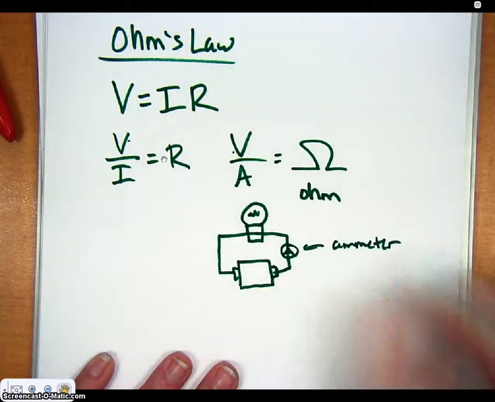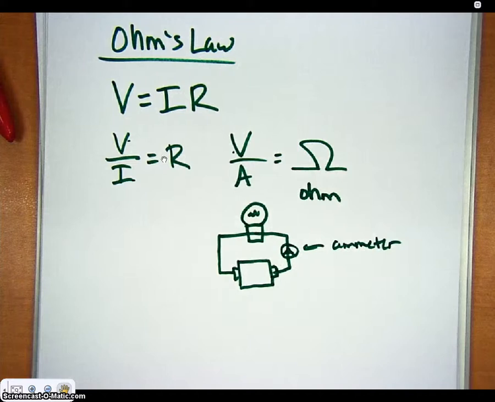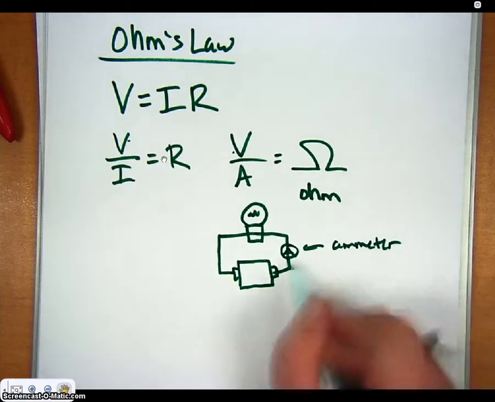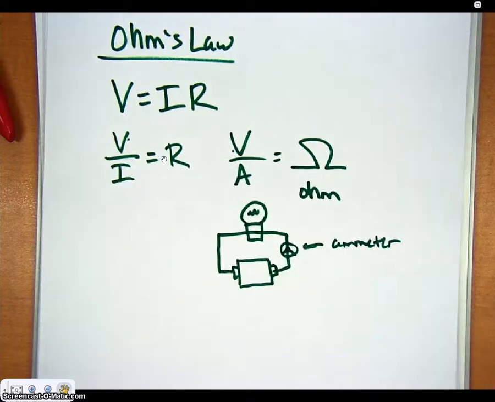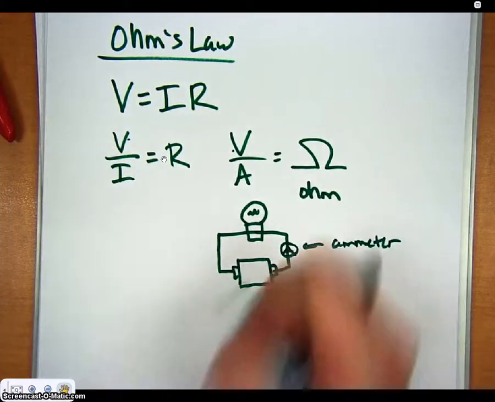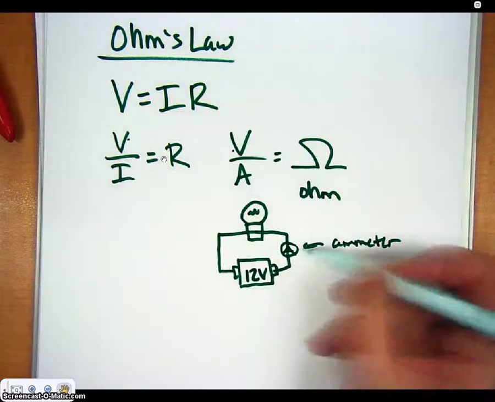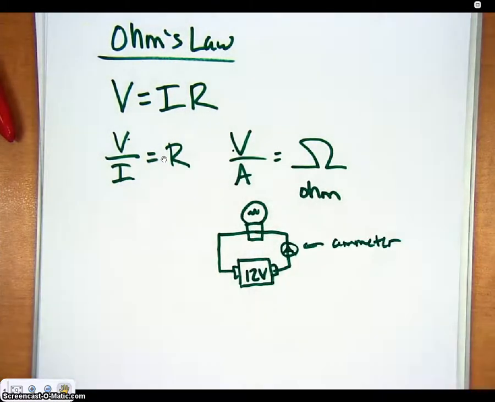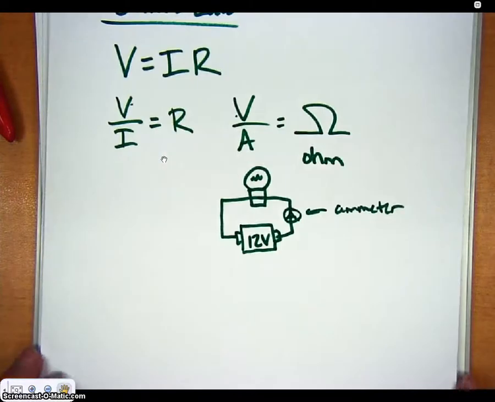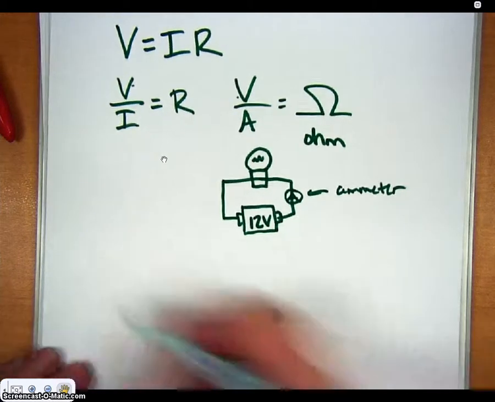That's how it's drawn in a schematic. We'll learn more about schematics next time. An ammeter measures current. So let's say I have a 12-volt battery and I plug it up. I could measure the current running through the wire, and that would tell me something about the resistance of that light bulb.